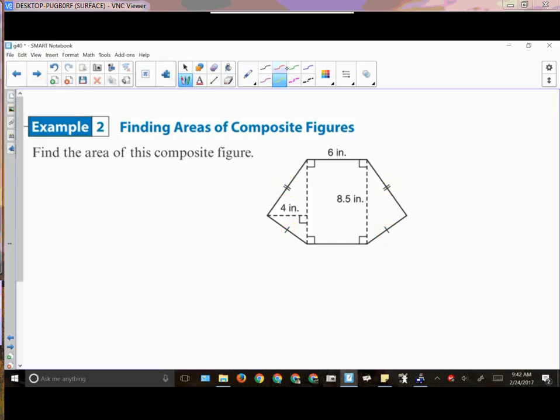Well, if I have 8.5 here, would this be 8.5 as well? So in that case, I've got side, side, side, so the triangles are congruent. So all I would have to do is find the area of the rectangle. For the rectangle, that's going to be 6 times 8.5.